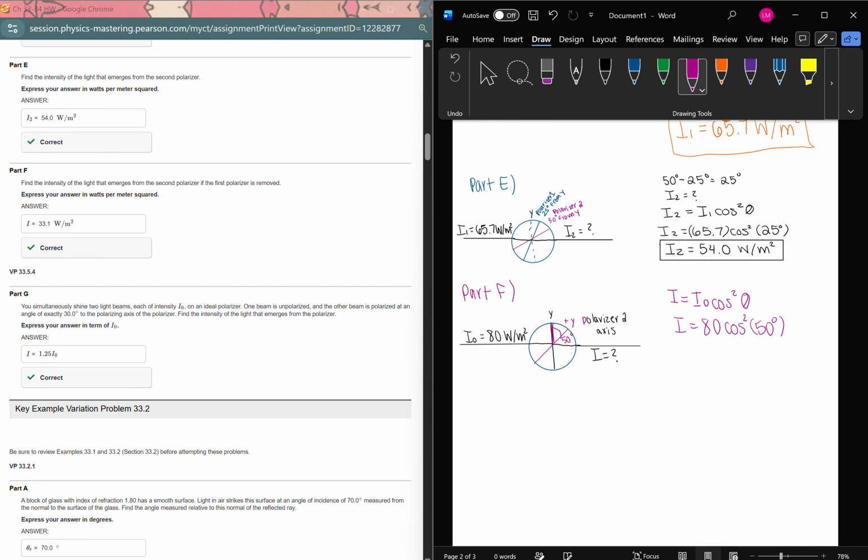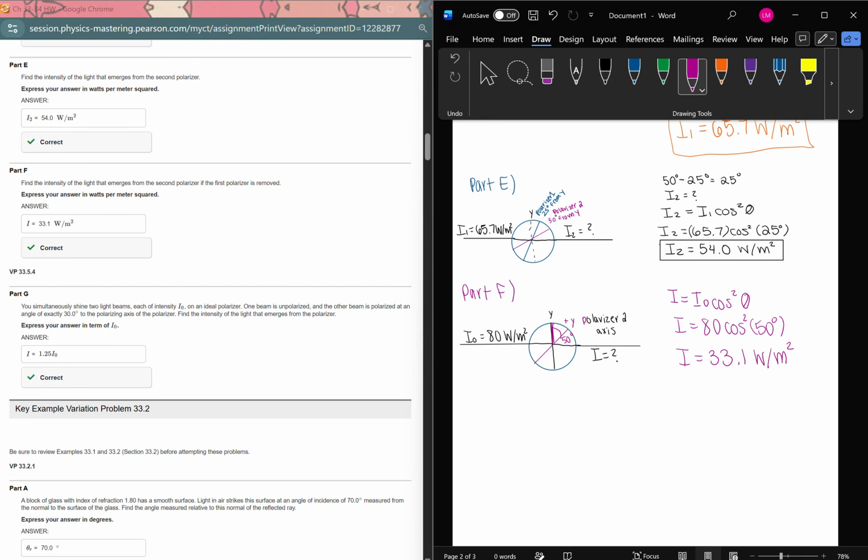Let's go ahead and calculate everything in the calculator. 80 cos squared 50, and I got 33.1 watts per meter squared.